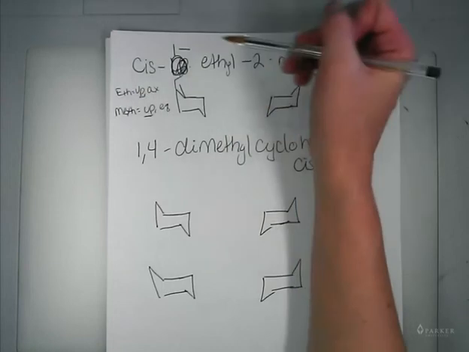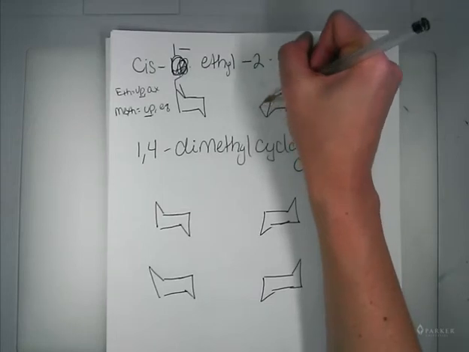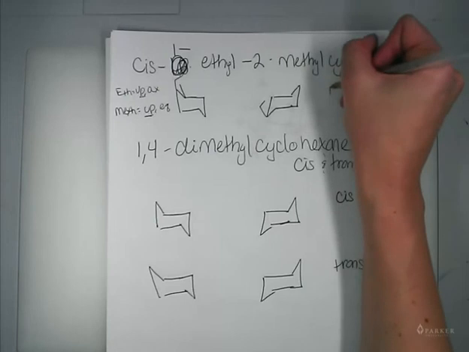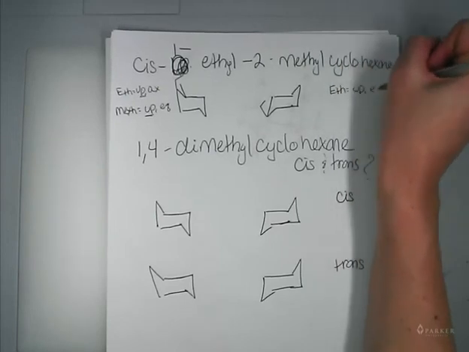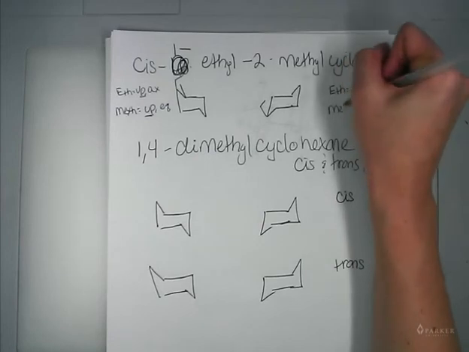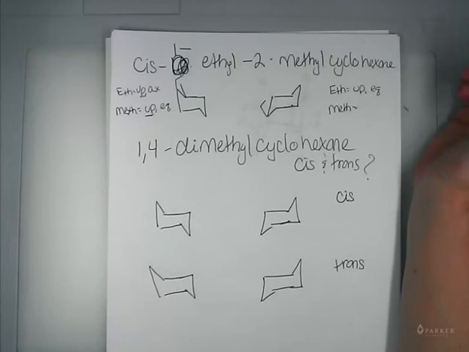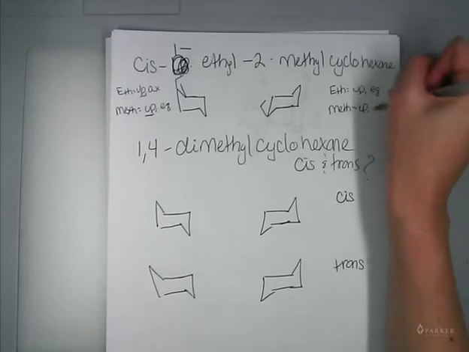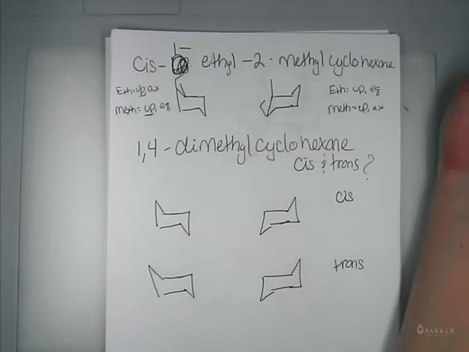So when I draw this ethyl over here in position 1, it was an up axial, so now it'll be an up equatorial. And then my methyl was an up equatorial. Now it'll be an up axial in position 2.